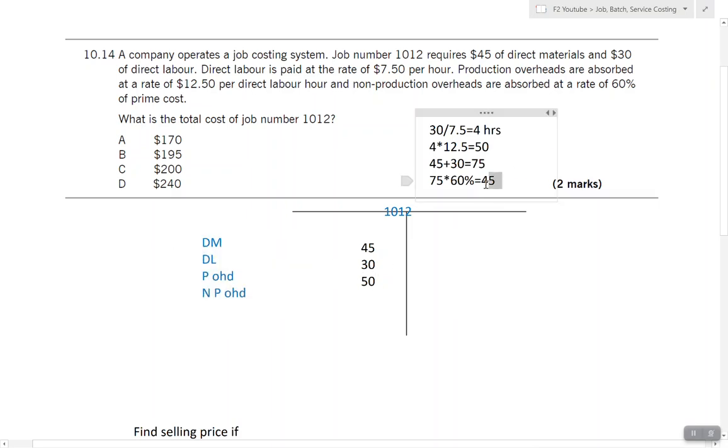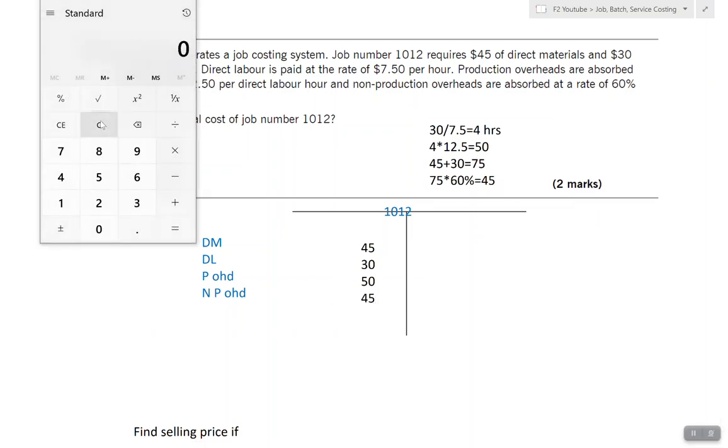Remember, to find percentage, I usually directly multiply by percentage, but you don't do that, because sometimes you don't have to multiply. It only works when the figure is 100%. So non-production overheads is 45. The total cost is 45 plus 30 plus 50 plus 45 becomes 170.